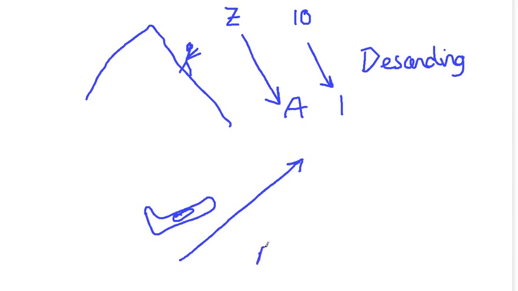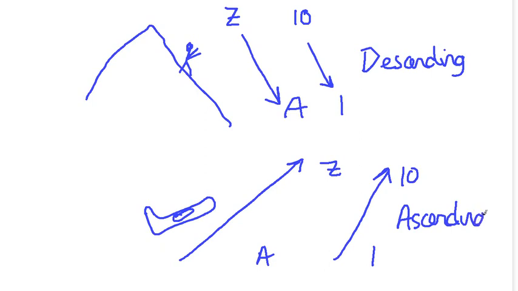So low down might be A to Z, or 1 to 10. If you're making an ascent, you're going from low down to high up, and that's called ascending. And some folk like to think of A to Z as ascending, so that's one wee tip. If you remember that one, you know the other one is descending.